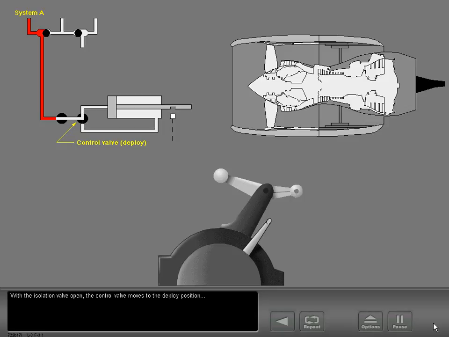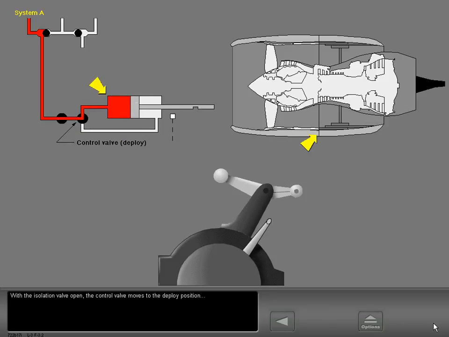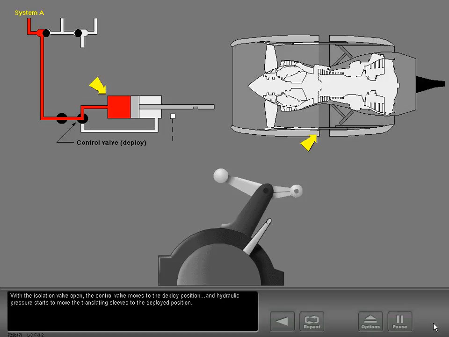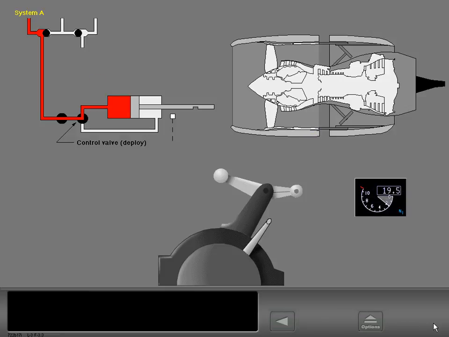With the isolation valve open, the control valve moves to the deploy position. And hydraulic pressure starts to move the translating sleeves to the deployed position. An amber reverser indication illuminates above the engine N1 indication.